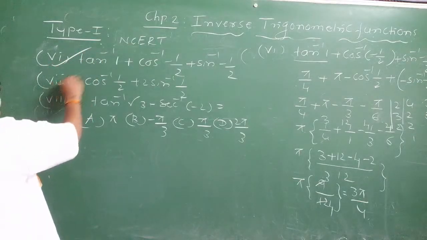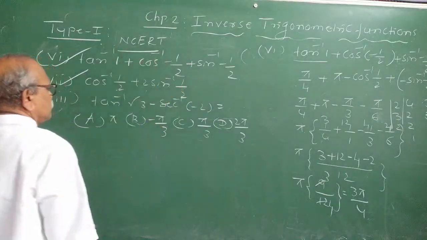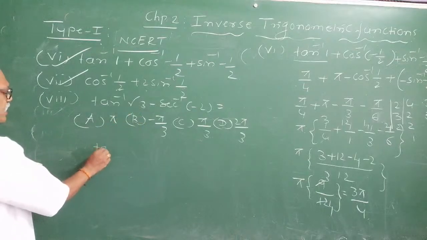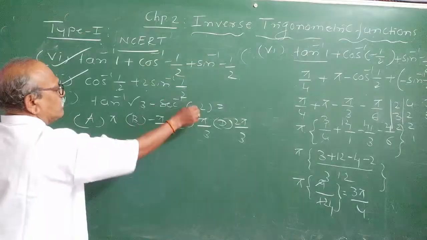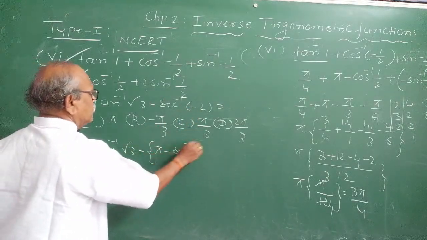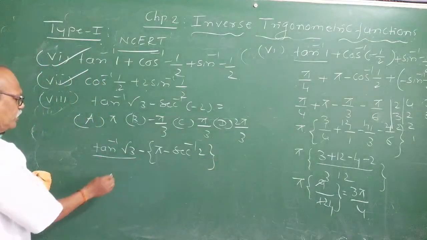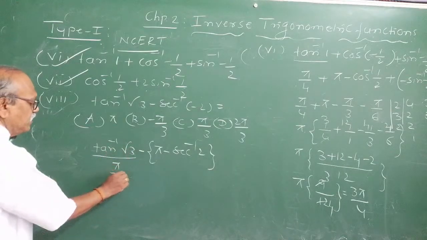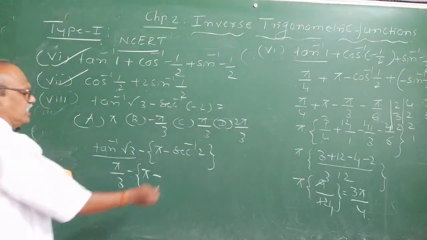Just now we solved cos inverse 1 by 2 plus sin inverse 1 by 2, the NCERT textbook questions. And choose the correct option among them. See, let us check it. Tan inverse root 3 minus sec inverse minus 2 can be written as pi minus sec inverse 2. For tan inverse root 3, for what angle of the tan do you get root 3? 60 degrees, means pi by 3, minus into bracket pi minus sec inverse 2.